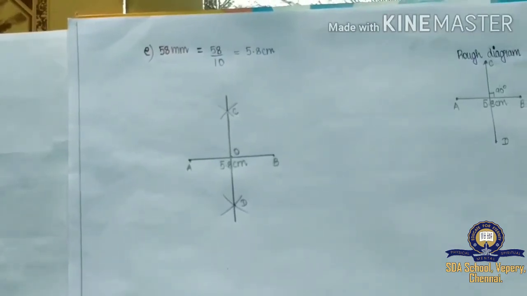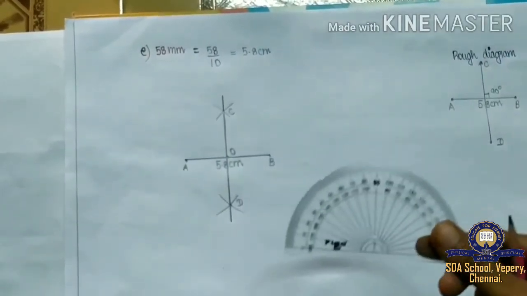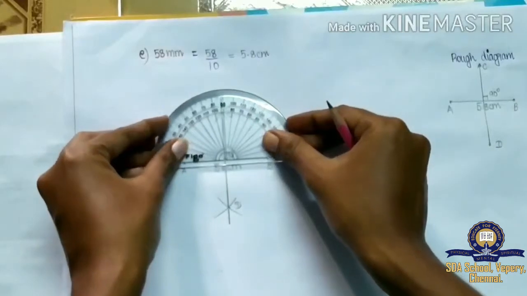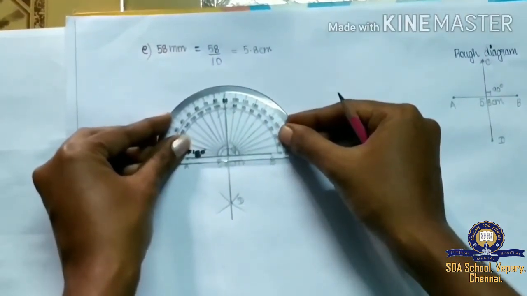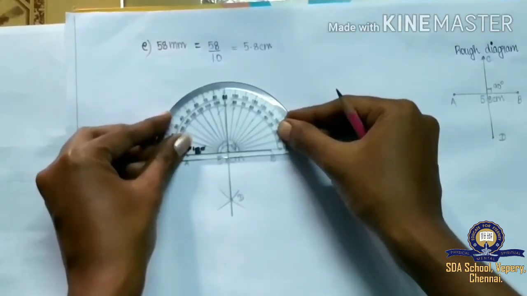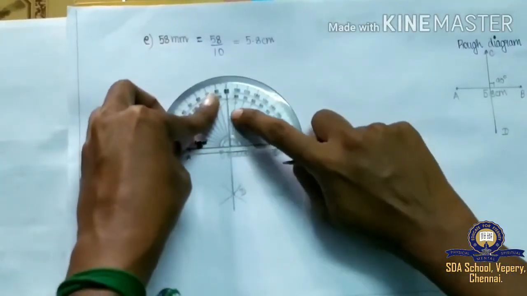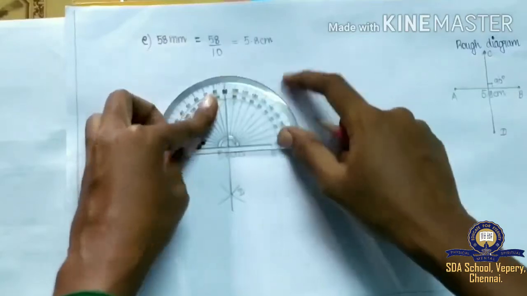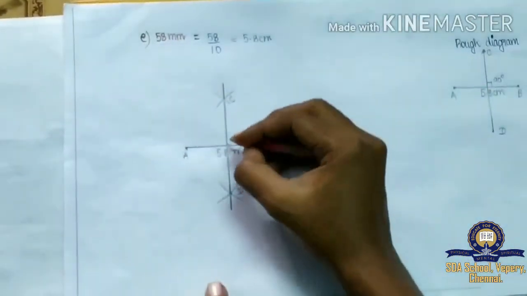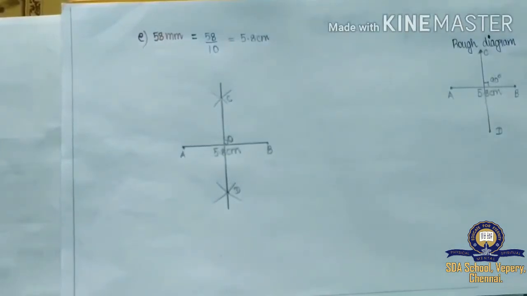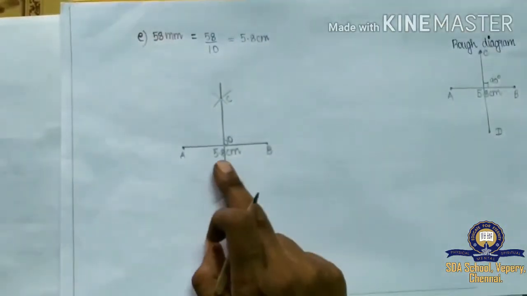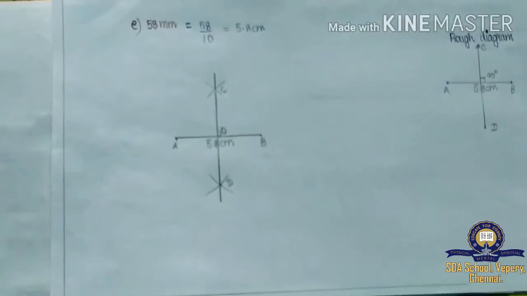Now we will check the perpendicular bisector, right? Take protractor and place the protractor at O. Check. See, the line is at 90 degree. So this is true.